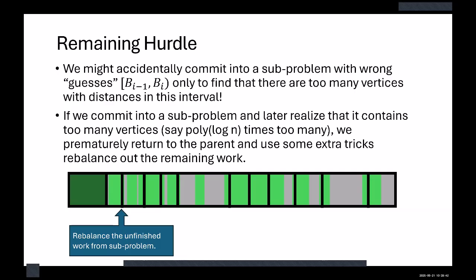So we have those distances that are unknown in the subproblem, and then we rebalance all the remaining work. It seems like we are good to go again, and then we commit again, and whenever there's a problem, we go back and do the same thing on and on until we have computed all the distances. That is, at a high level, how we are able to deal with that.